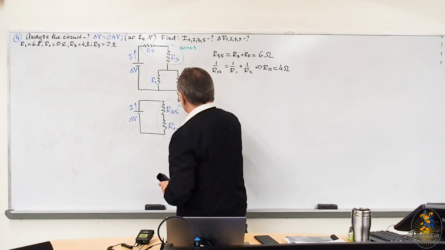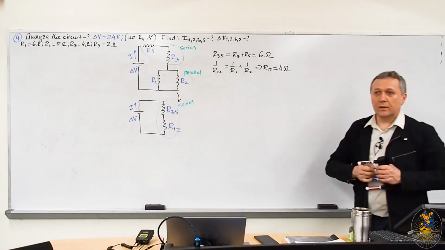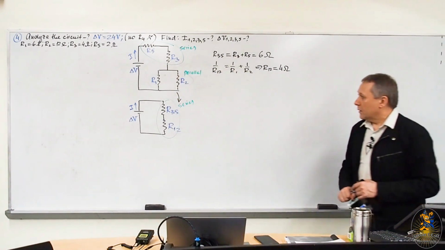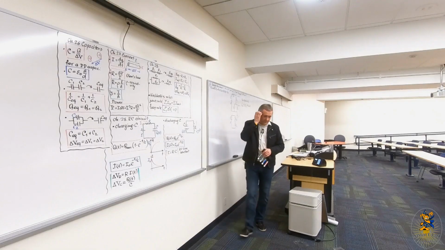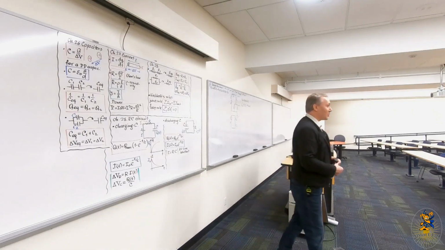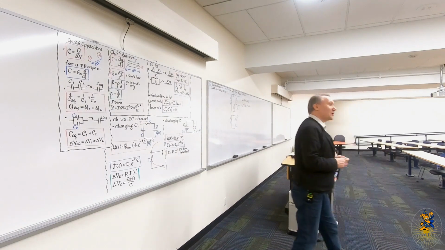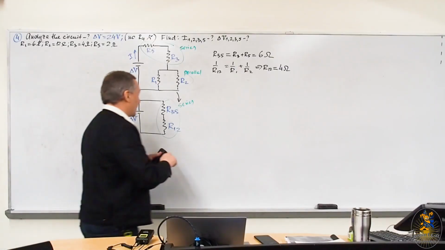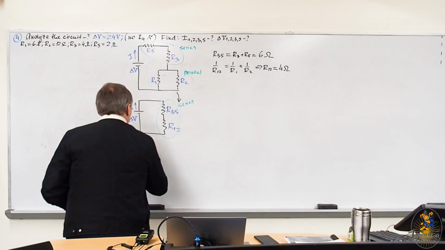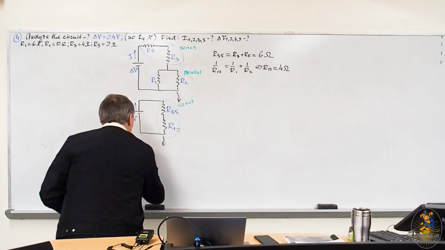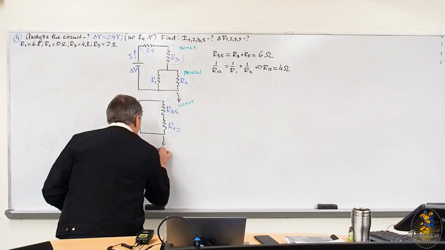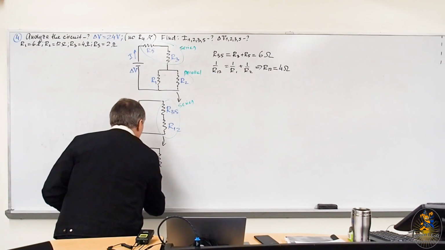I'm not asking you that question because you seem quite comfortable. Unless the circuit is complicated, then of course you can start struggling a little bit. So in series, we can redraw the circuit and draw the final version.